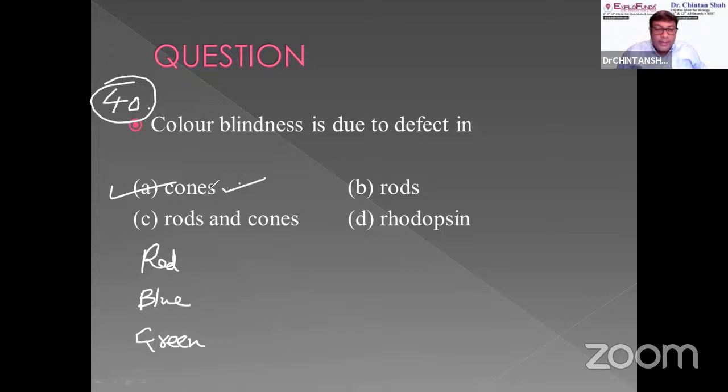Okay, Damya, can you tell me? Now you have to tell me the red, blue, and green colored cone cell names in the same order. Please write down the names in the same order. Quickly. Go for it.